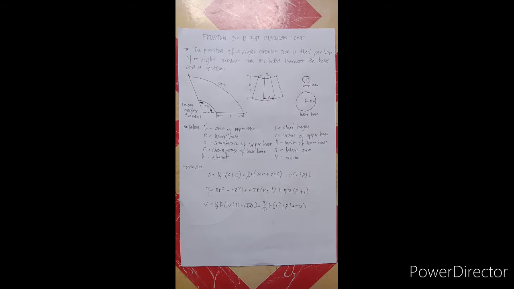Then all of the elements of a frustum of a right circular cone are equal.